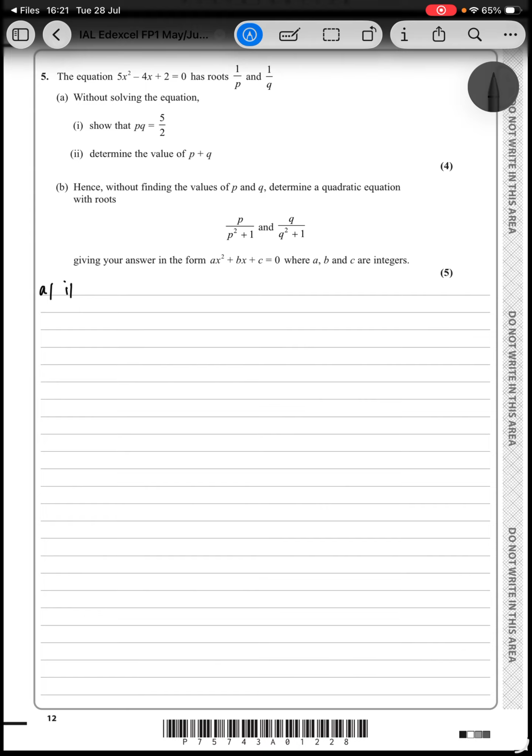For that, we have to find the product of the roots. The roots are 1 over P and 1 over Q, so we multiply both of them and we get 1 over PQ.